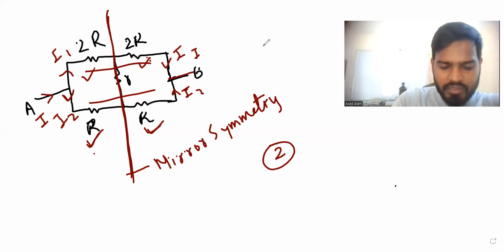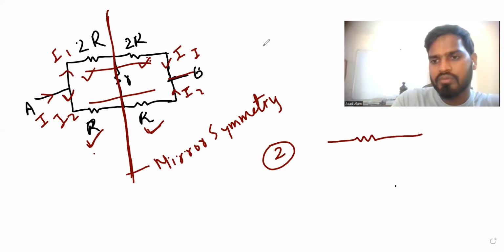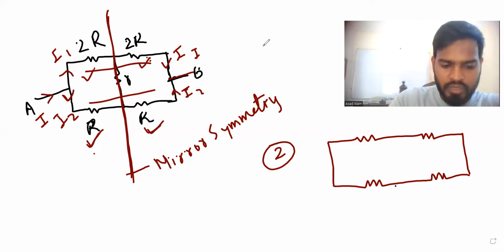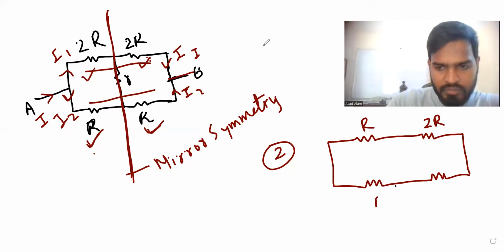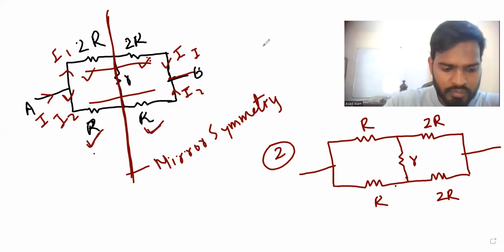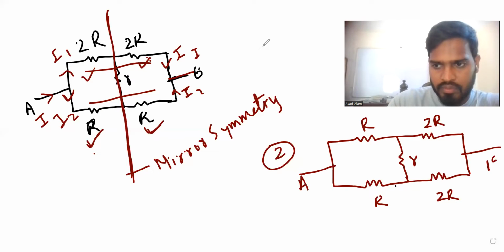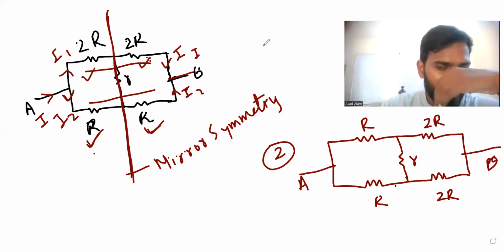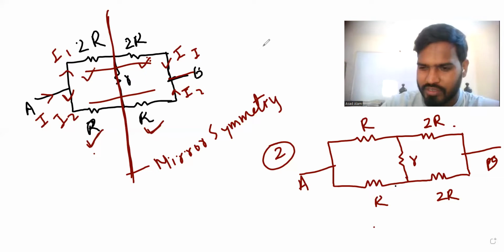Let's see now, that symmetry. Suppose this is A and this is B. Now here, this is R, this is 2R, this is R, and this is 2R.